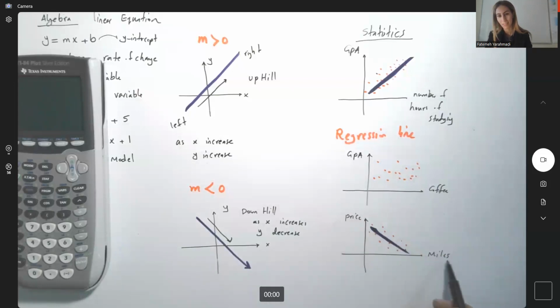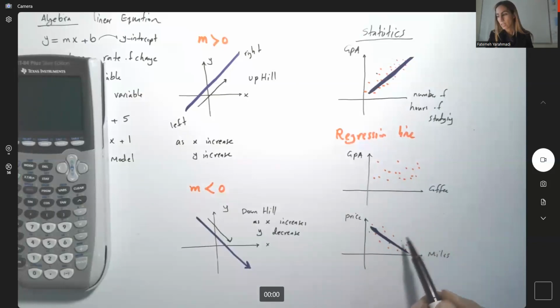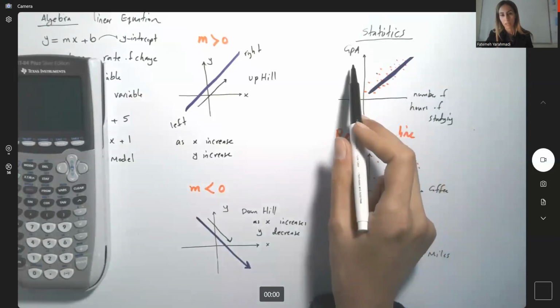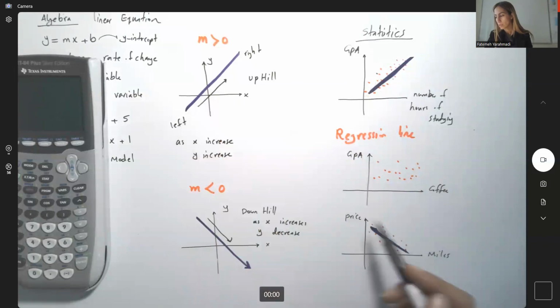As the miles increase, the price decreases. We expect that. So as you can see here, you have a negative correlation between the data. These points are representing scatter plots. You have x and you have y. You have a couple of points and you plot those in the xy plane, and you have a regression line. These are all examples of scatter plots.